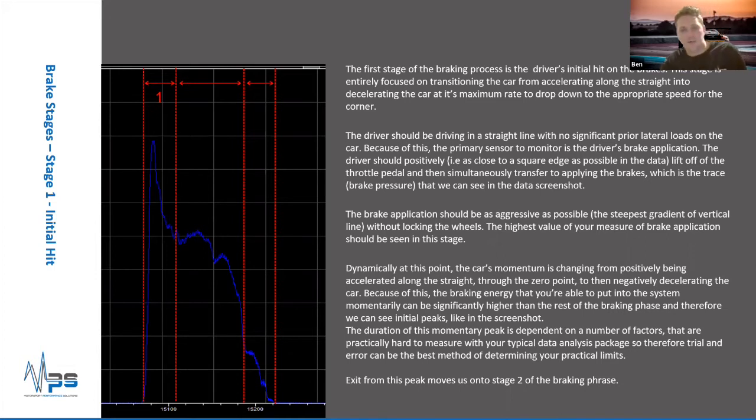The first stage of the braking is to transition the car from accelerating along a straight into decelerating, reducing speed to make the car ready for the corner. Dynamically, if the car had been accelerating, the load transfer would be slightly on the rear as the car squats and accelerates.